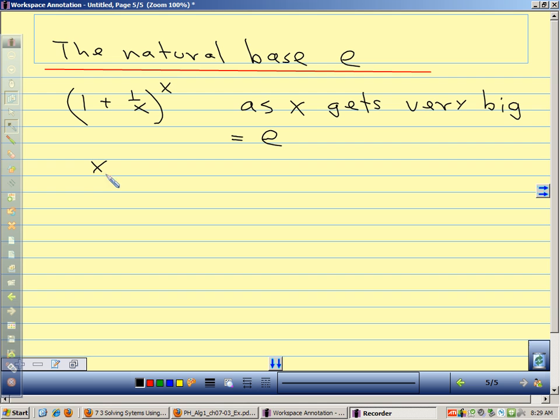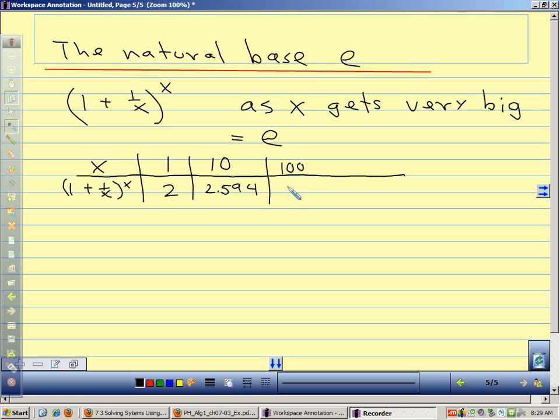So let me make a quick table here where I calculated this out just to show how this works. And I'm going to do 1 plus 1 over x, to the x. So if x equals 1, I'm just plugging in my x into this. If x equals 1, this expression turns out to be 2. If x equals 10, I did all the calculations for you, we get 2.594. If x equals 100, I get 2.705.